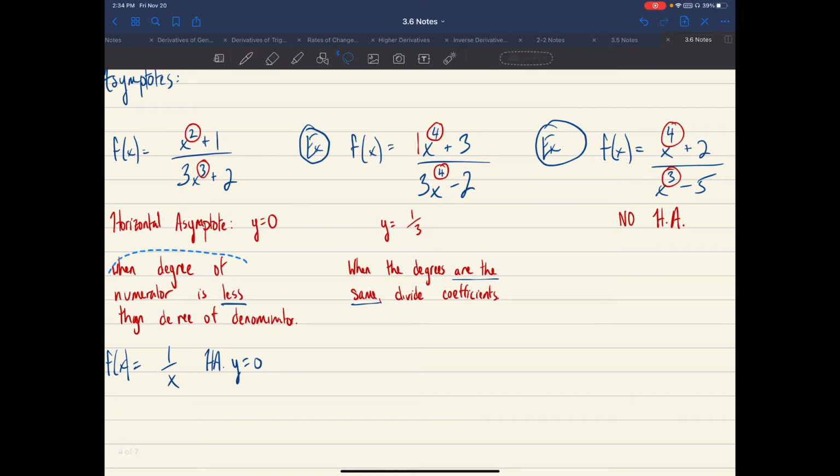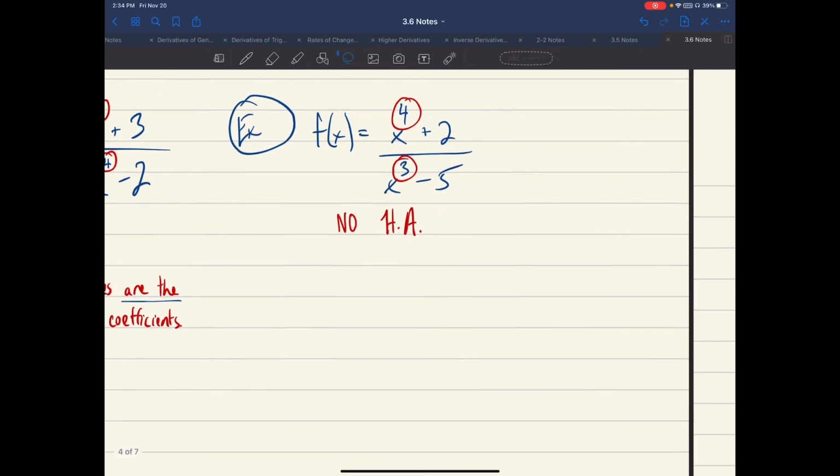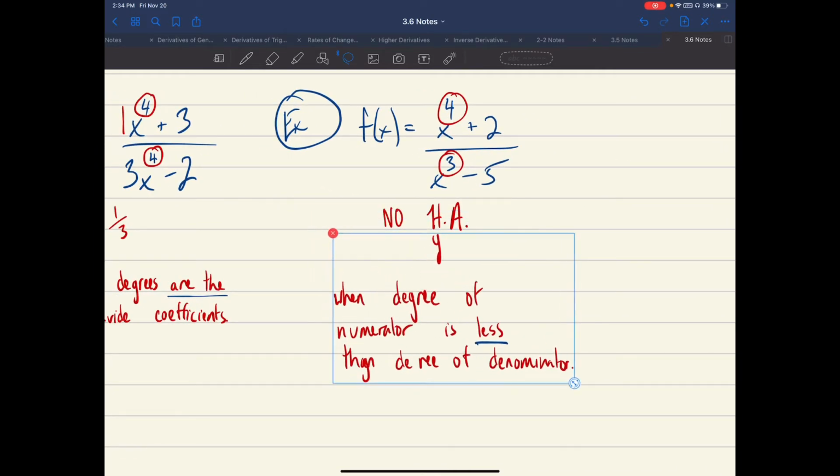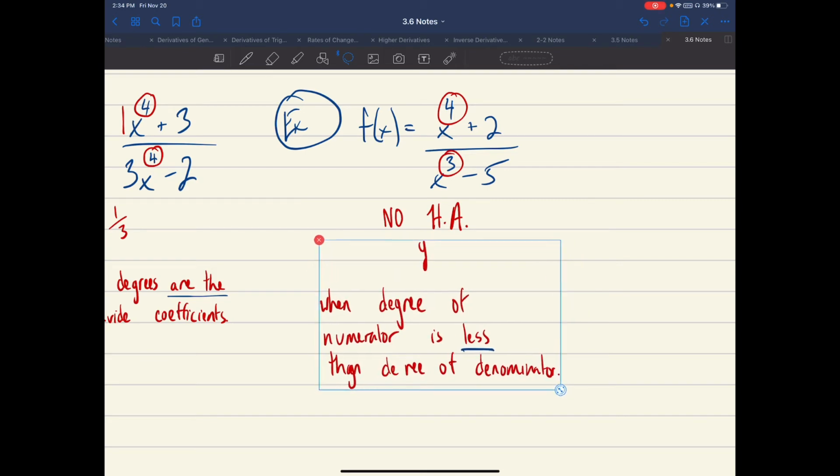So when the degree is higher in the numerator, then you have no horizontal asymptote. Okay, so I'm going to adjust that just so it's here. So when the degree of the numerator is, sorry to do this on this video, is higher.